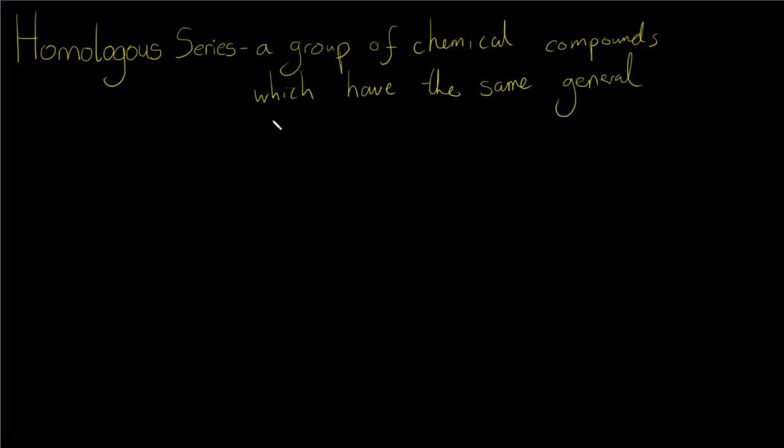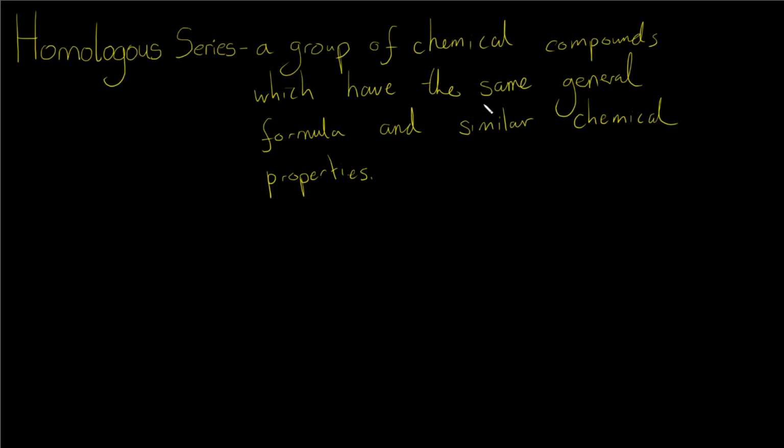Now we'll talk about what that means in a lot more detail pretty soon, and similar chemical properties. So that's our definition that we need to know. A homologous series is a group of chemical compounds which have the same general formula and similar chemical properties.